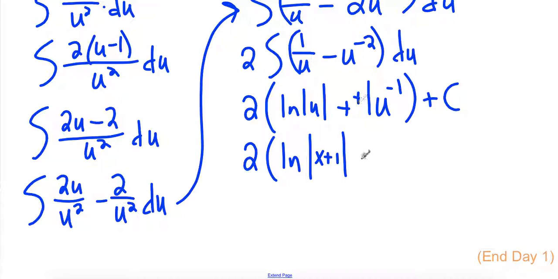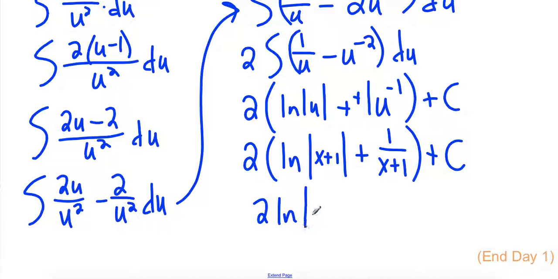Those are going to become plus 1 over x plus 1, plus c. And if you felt very strongly about distributing the 2 back in, you can certainly find 2 natural log of absolute value of x plus 1 plus 2 over x plus 1.